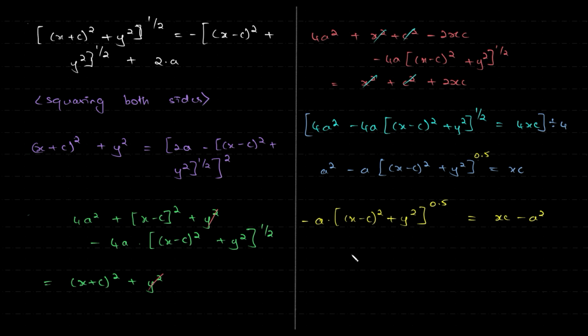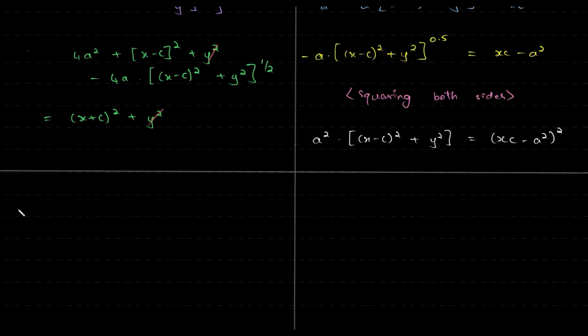So squaring both the sides again. So we end up with this being a square, and this square and square root gets cancelled over here, and we have xc minus a square the whole square.